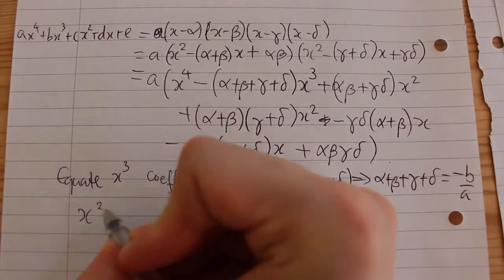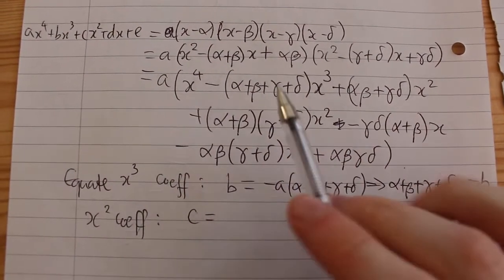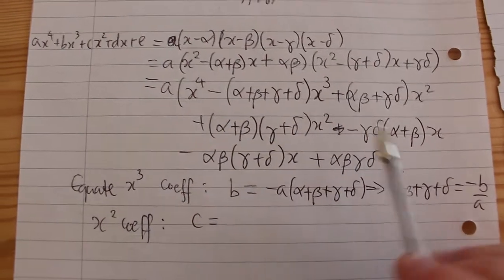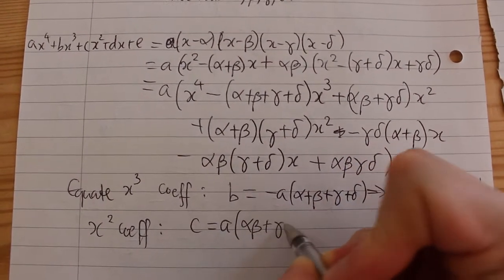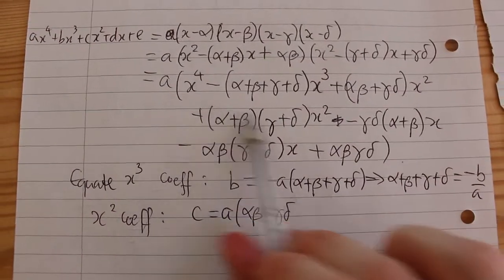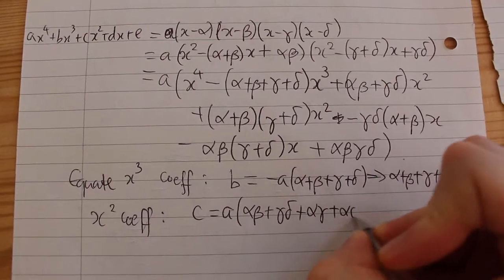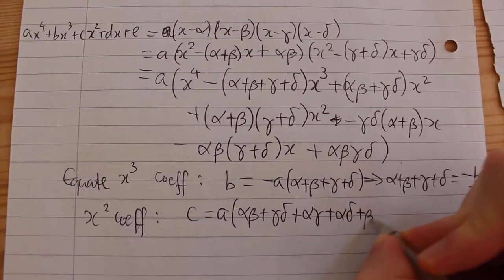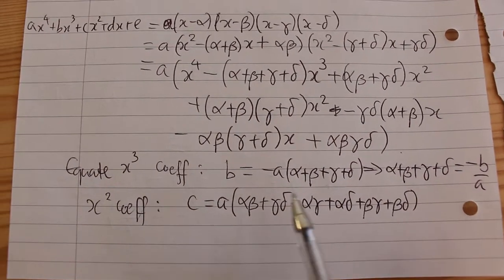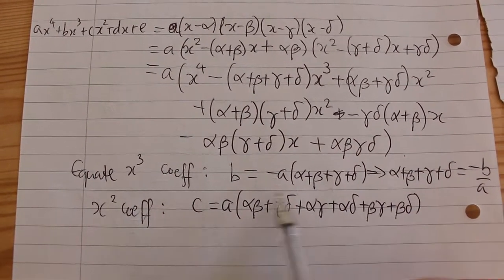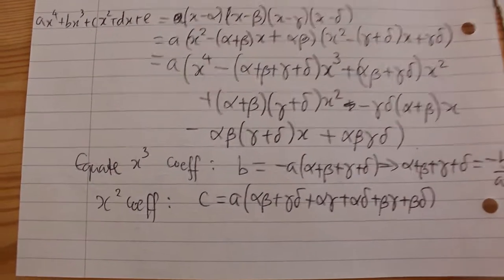And now if we equate the x squared coefficients, we get c is a times (alpha beta plus gamma delta), and then from these brackets we also get alpha gamma plus alpha delta plus beta gamma plus beta delta, and so we see the sum of the product of two roots is c over a.